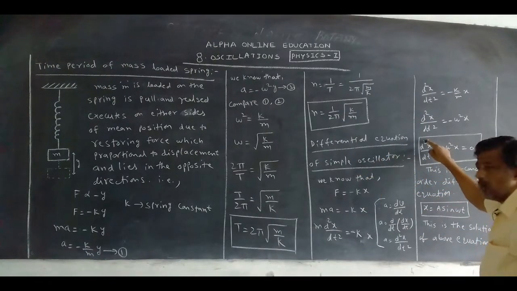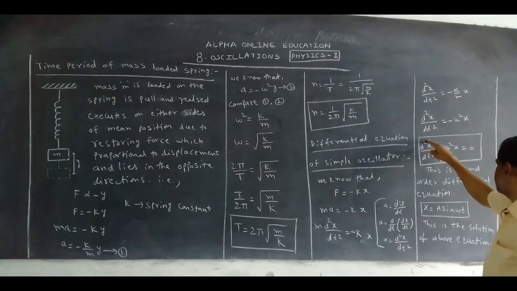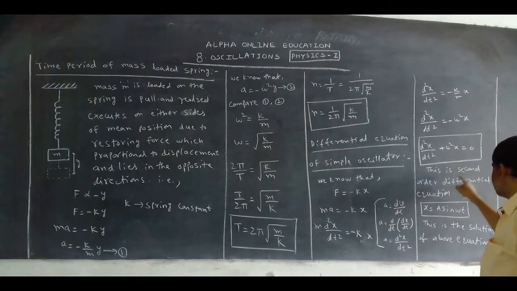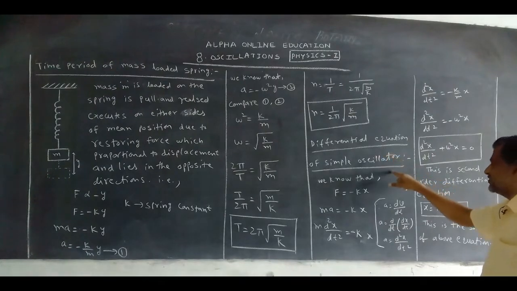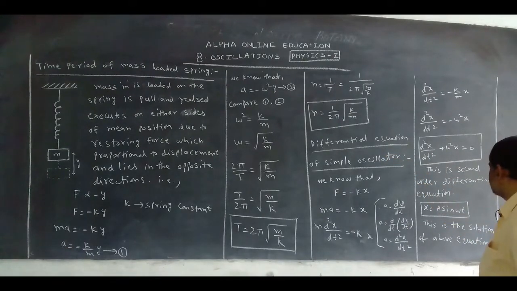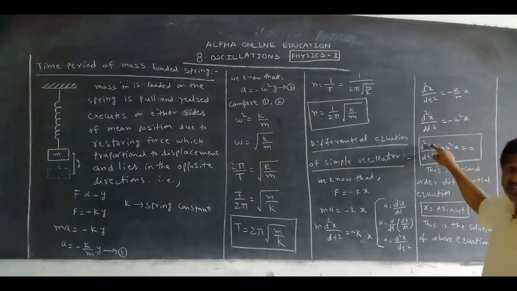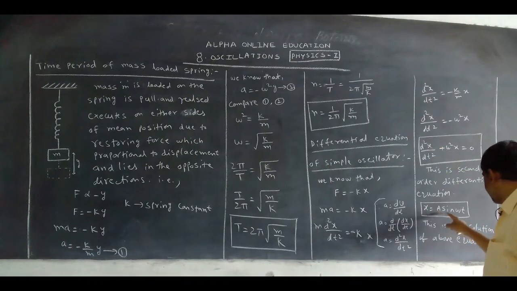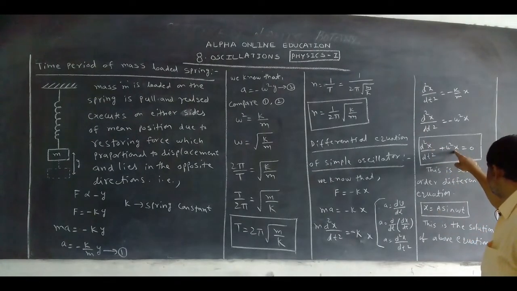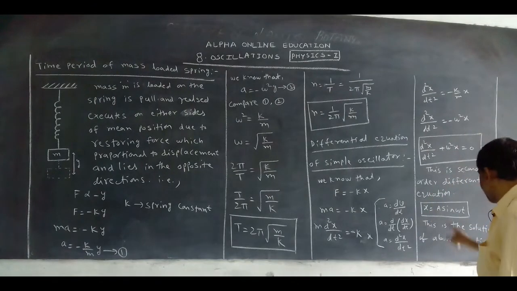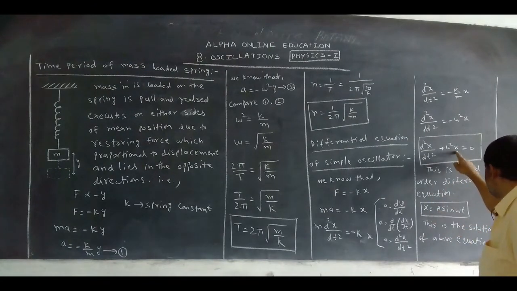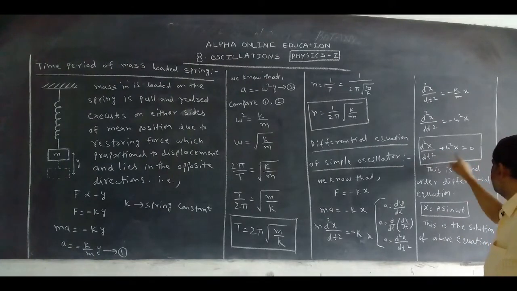But what is the order, the power? It is 2. That's why this is a second order differential equation, the differential equation of a simple oscillator. Here x is the variable. If we substitute x = a sin ωt, we get the answer 0.